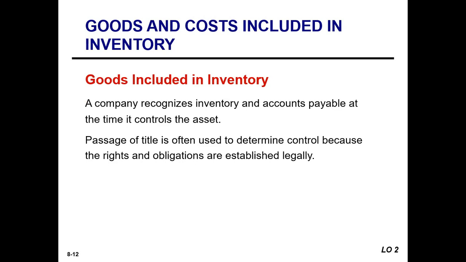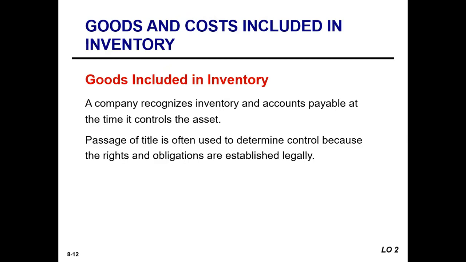Another thing it's going to talk about is goods on consignment. Most of you probably have heard of a consignment shop. Basically, you could think of eBay like an online consignment shop where the goods do not necessarily belong to eBay, right? The goods belong to individual sellers that are selling their goods on eBay.